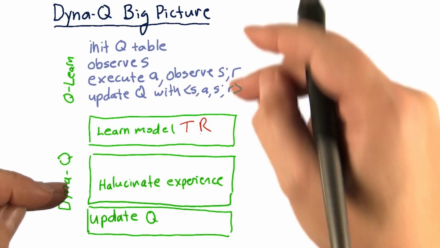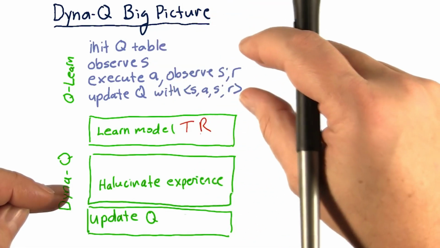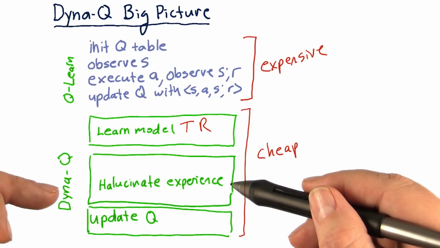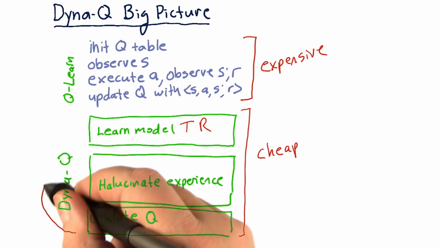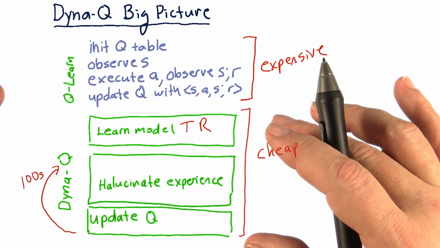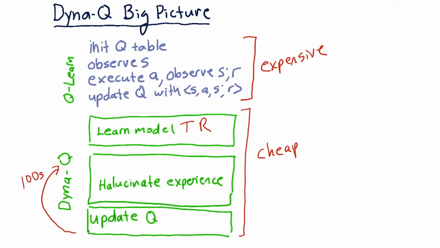Rather than interacting with the real world like we do up here with the Q-learning part, which is expensive, we hallucinate these experiences, update our Q table, and repeat this many times, maybe hundreds of times. This operation is very cheap compared to interacting with the real world.